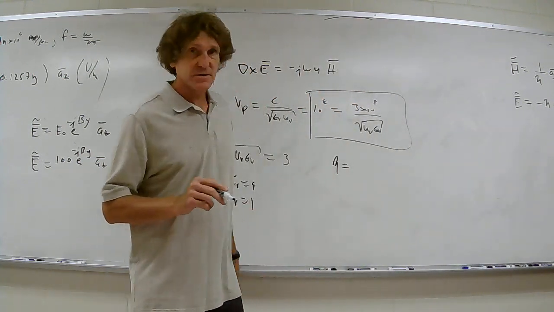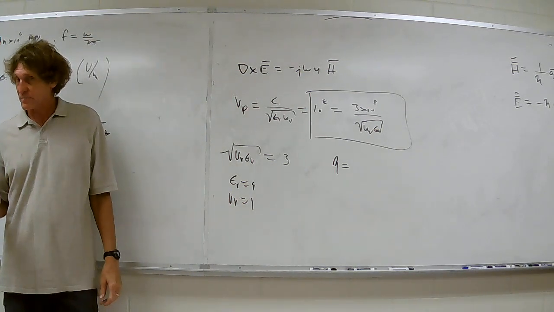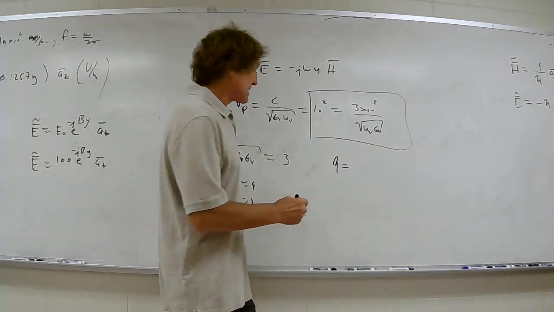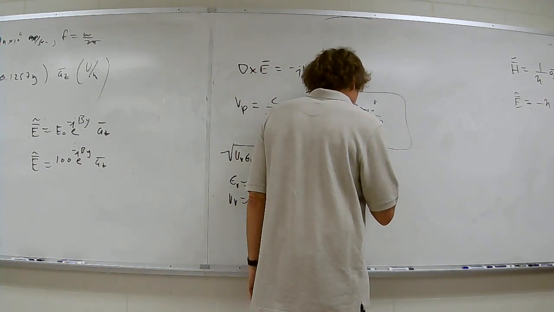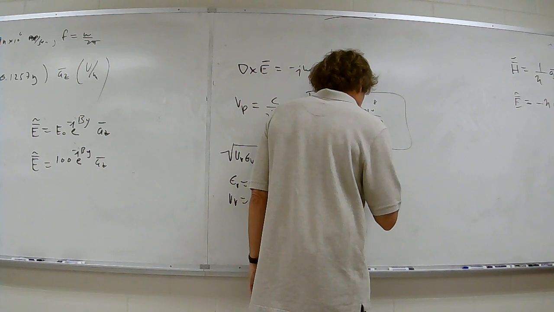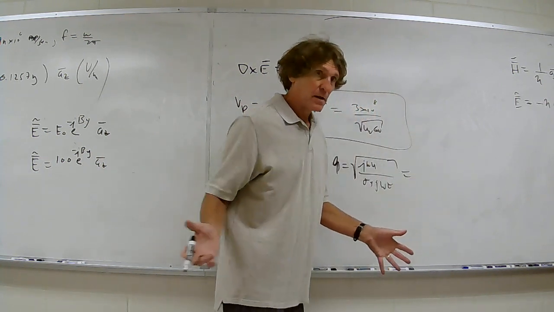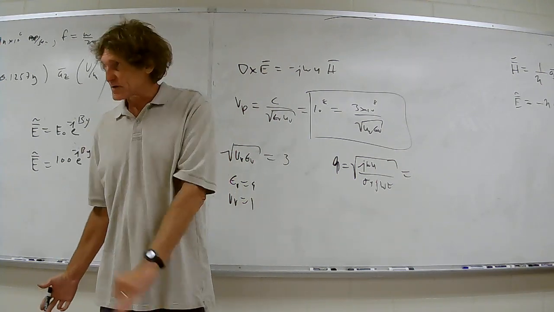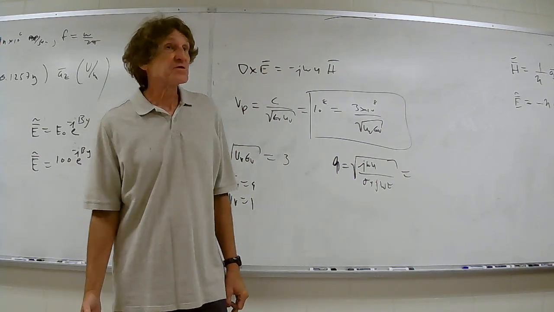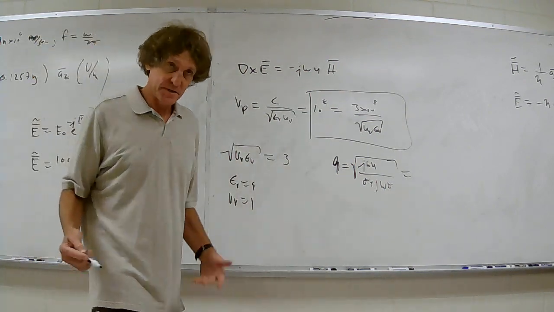Now, please watch this. I'm really trying to do you guys a favor and underscore something. You ready? By definition, the intrinsic impedance of a medium is the square root of j omega mu over sigma plus j omega epsilon, right? Y'all give me it? Yep. But we know sigma is 0 because it is lossless. If sigma wasn't 0, there'd be an alpha here, and e to the minus alpha z.